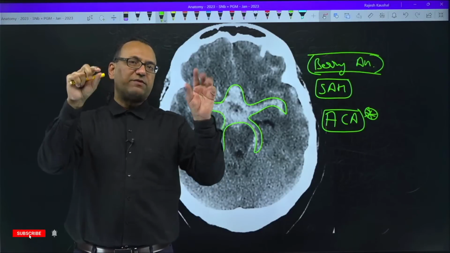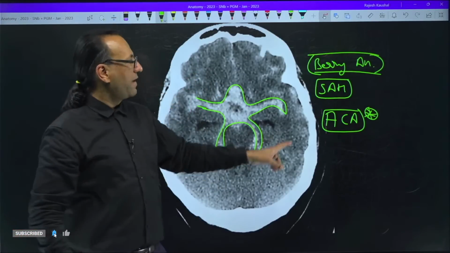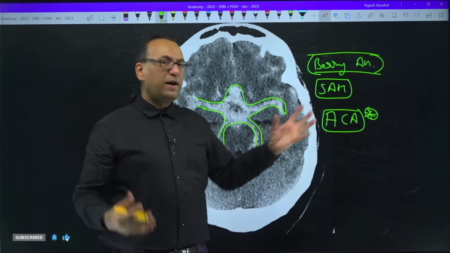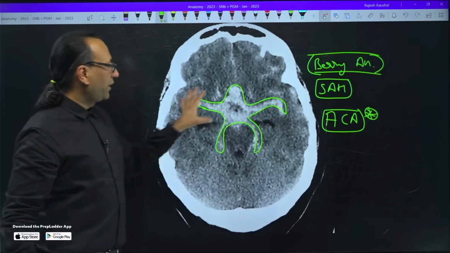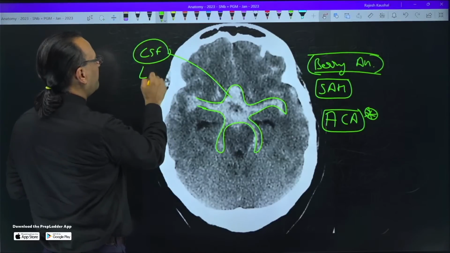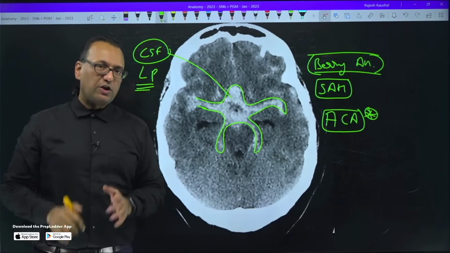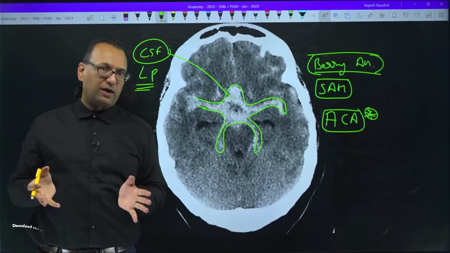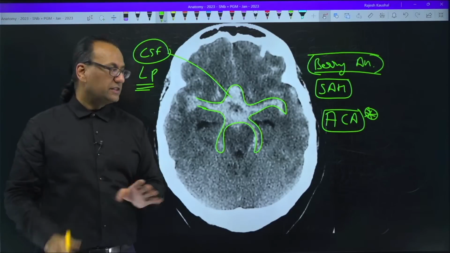Wherever the branching is given, there is a saccular aneurysm or Berry aneurysm that bleeds. That blood will be in the subarachnoid space, mixing with CSF, and that is why when you do lumbar puncture you will have blood or at least xanthochromia, because blood in CSF.